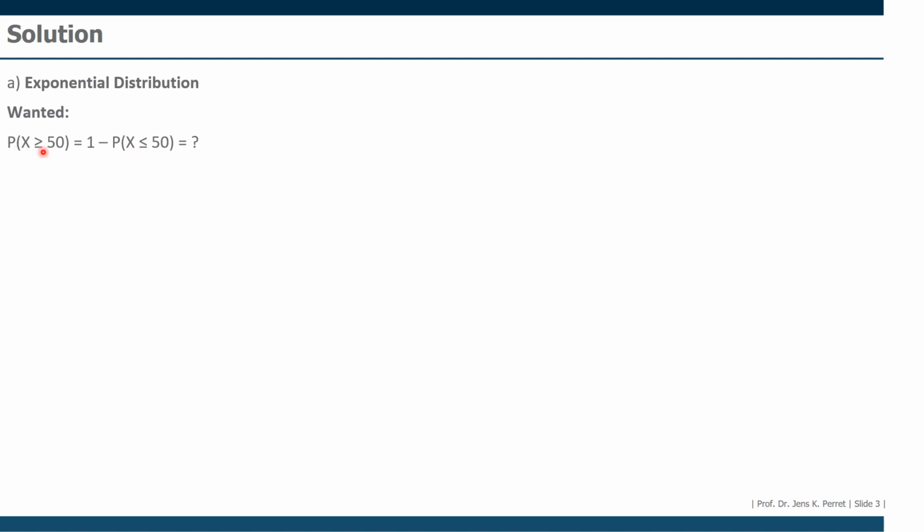So we translate this by calculating the counter probability, which is 1 minus, and then we can turn this sign around. So instead of this one, we go with 1 minus the probability of x being smaller or equal to 50. For this, we can then use the formula we have.